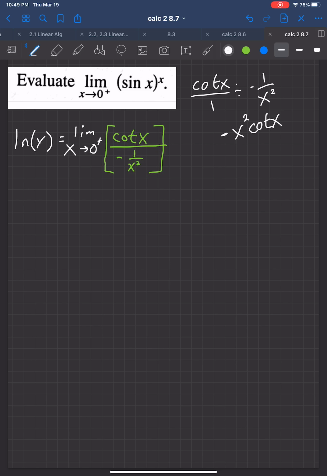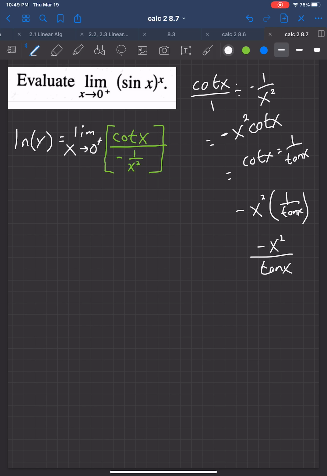Right, so negative x squared cotangent x. Well, cotangent is the same thing as 1 over tangent. So that means that I can rewrite this as negative x squared times 1 over tan of x, or negative x squared over tangent of x.